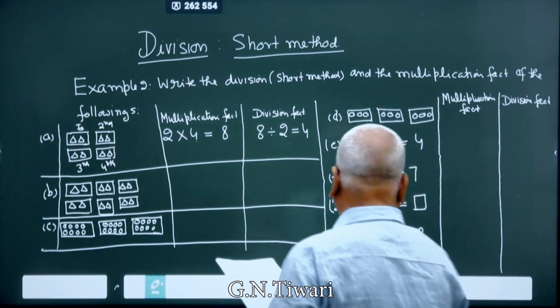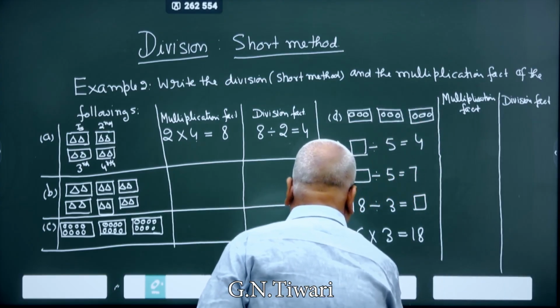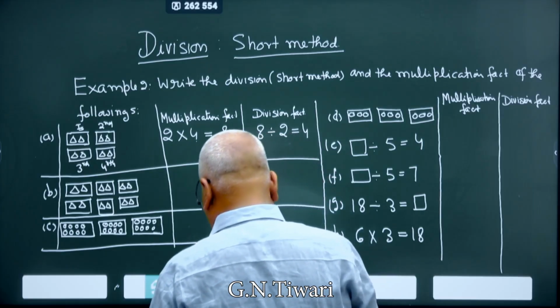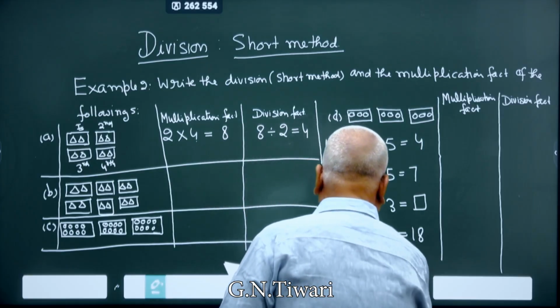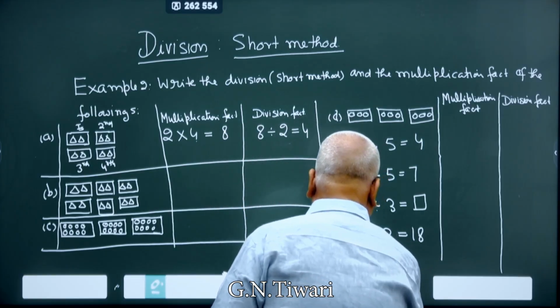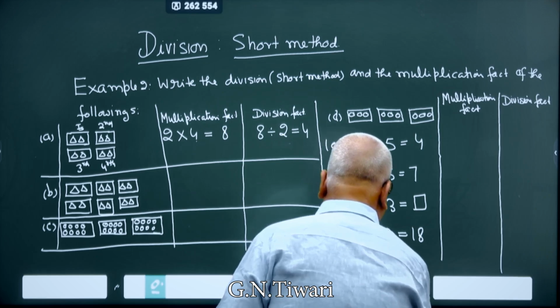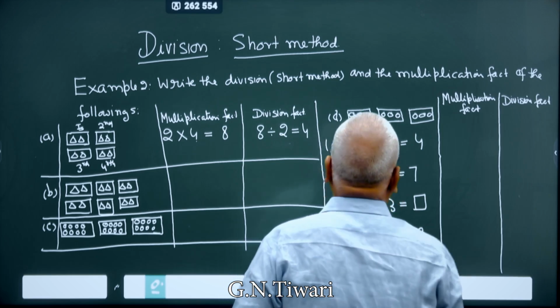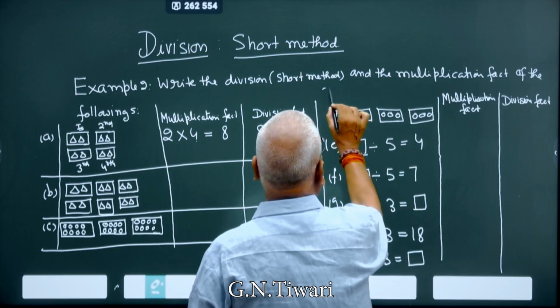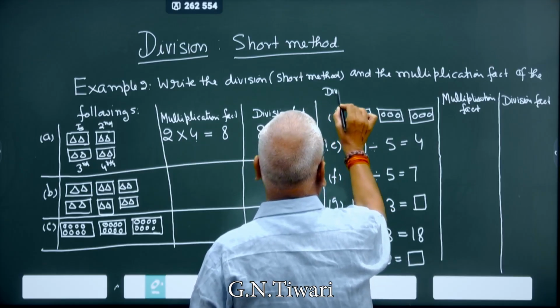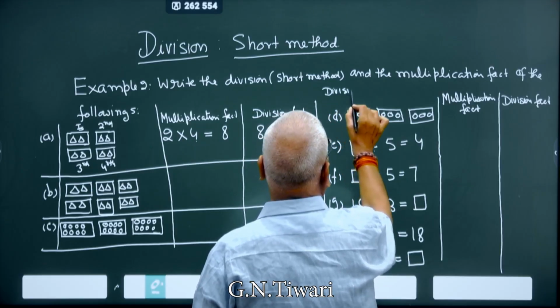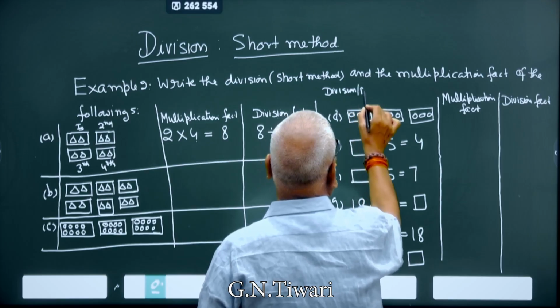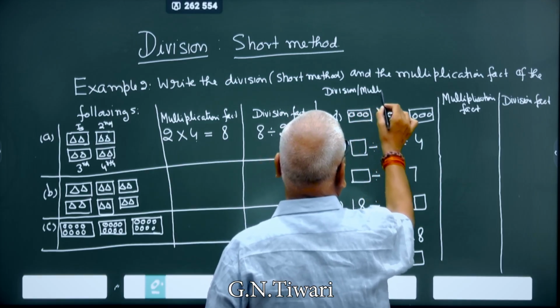I is equal to 12 into 3 is equal to, just fill up this thing. So this is a division and multiplication fact.